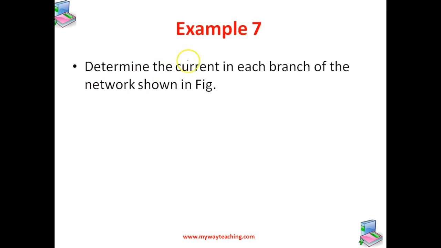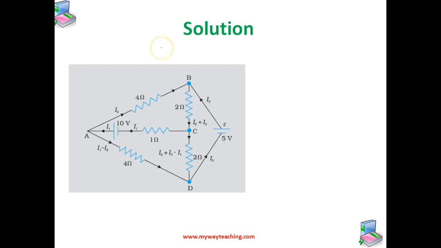Determine the current in each branch of the network shown in the figure. So this is the branch. Here we have to determine the current in each branch. Each branch of the network is assigned an unknown current to be determined by the application of Kirchhoff's rules.